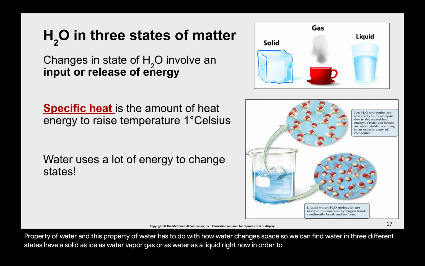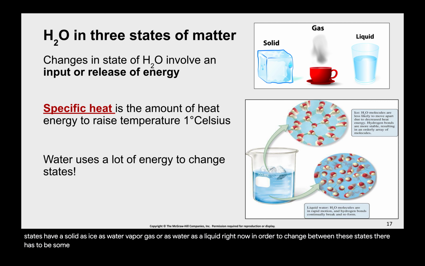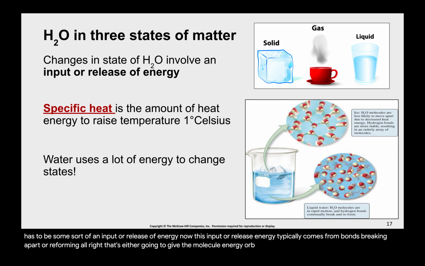Now, in order to change between these states, there has to be some sort of an input or release of energy, right? Now, this input or release of energy typically comes from bonds breaking apart or reforming, right? That's either going to give the molecule energy or release some energy, right?